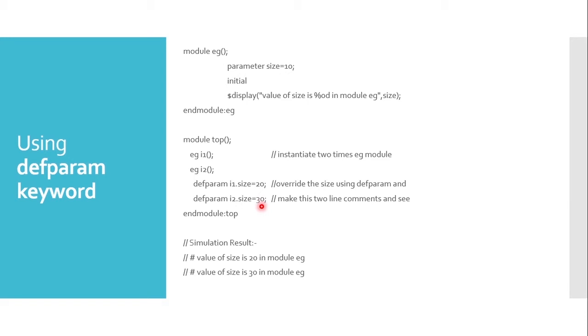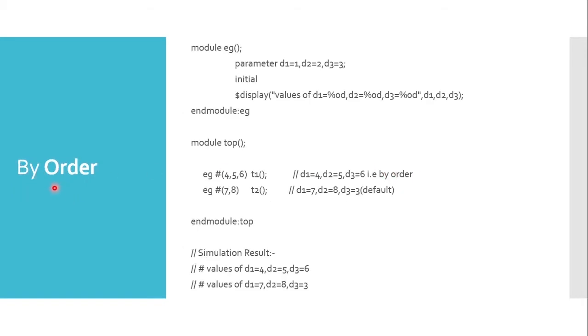And if we run our simulation, we will get output something like: value of size is 20 by this defparam, and value of size is 30 in the module example by this defparam. We will try to put this into QuestaSim and see the simulation result there.